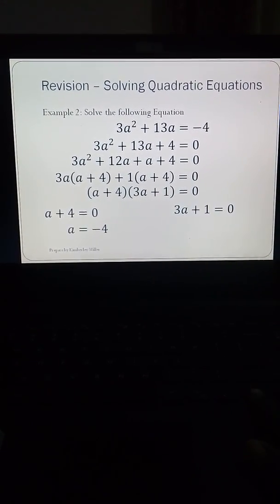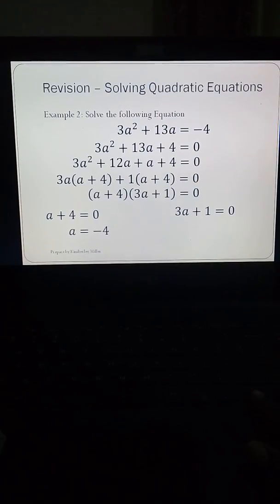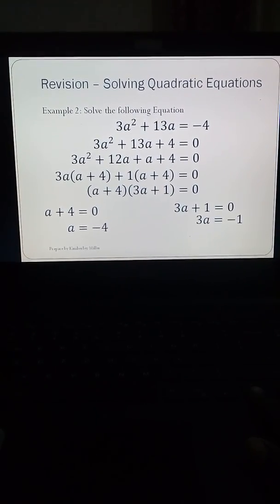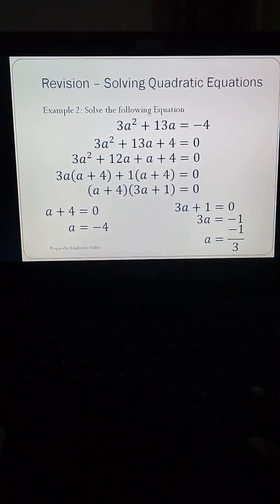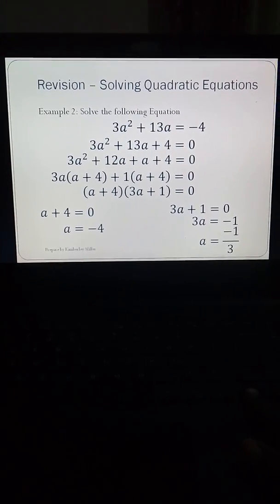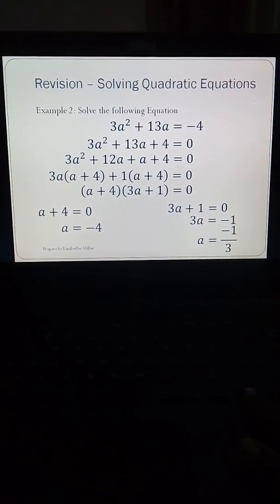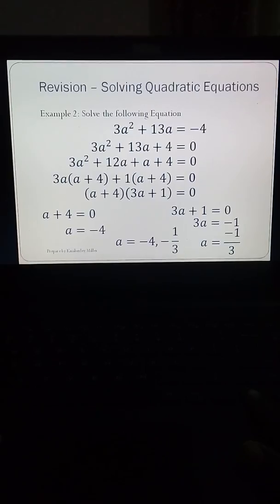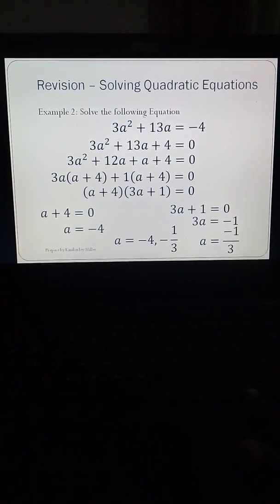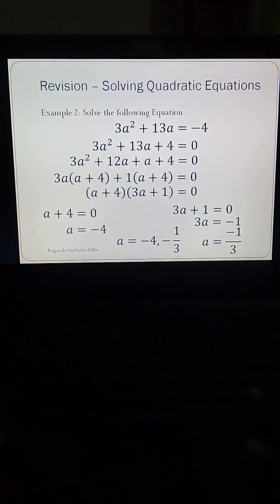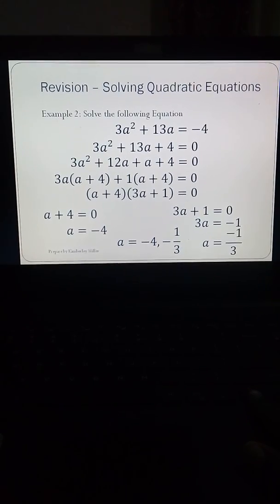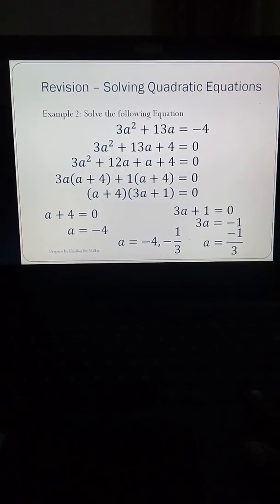So a would be equal to negative 4, and a will also be equal to negative 1/3. So the two answers are a is equal to negative 4, and a is also equal to negative 1/3.